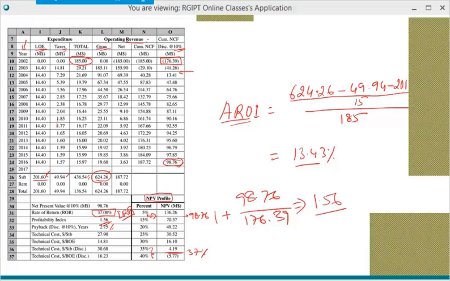This is 1, 2, 2.5, so here you have the payback period. Forget this one now, just don't worry about it, we can talk about it later.